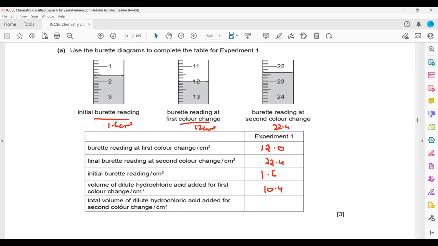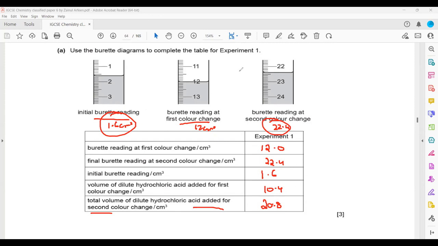We need the total volume of hydrochloric acid added. So 20.8, because when you subtract, originally it was 1.6 and now 22.4. That is 20.8. These are the volumes which we add from the burette so that the color change happens.